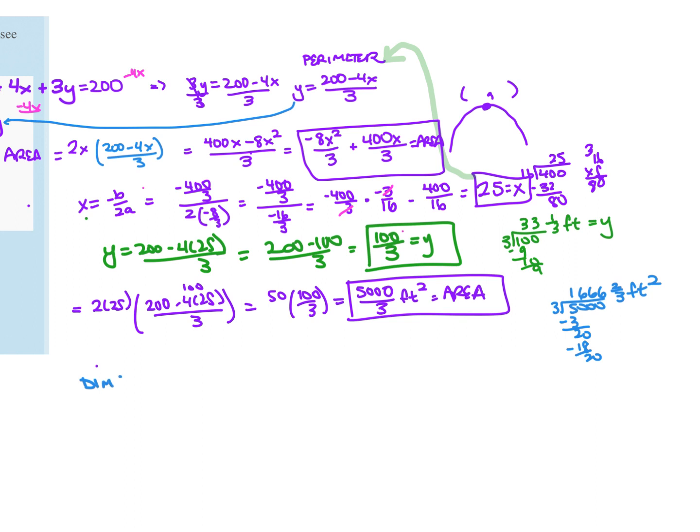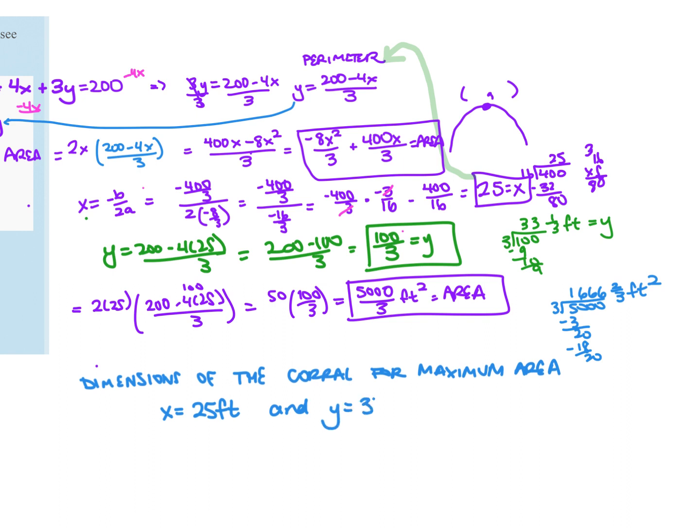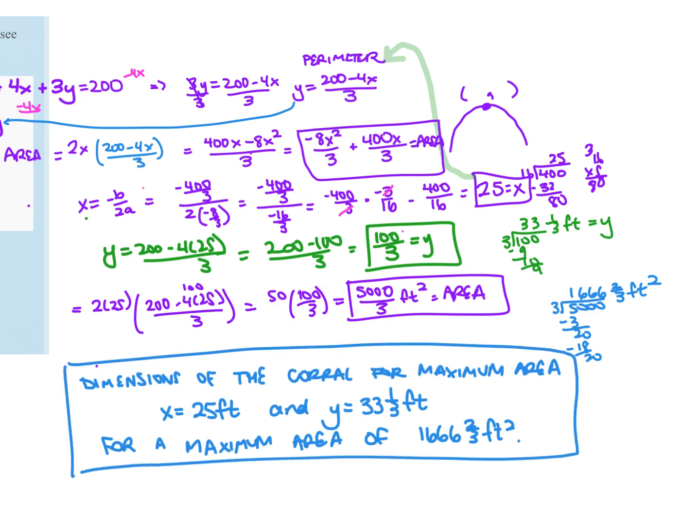So the dimensions of the corral for maximum area is x needs to equal 25 feet and y needs to equal 33 1/3 feet, and that will be for a maximum area of 1,666 2/3 feet squared. So I hope this helps out.